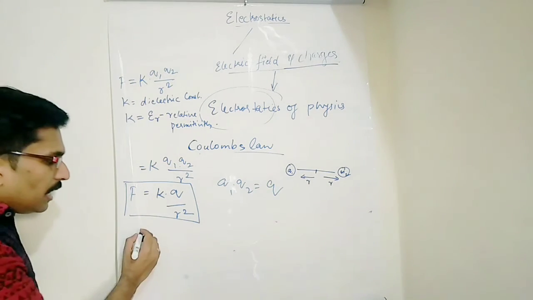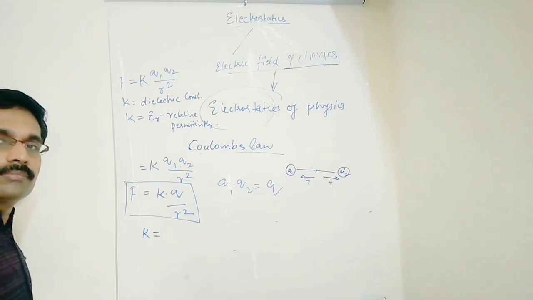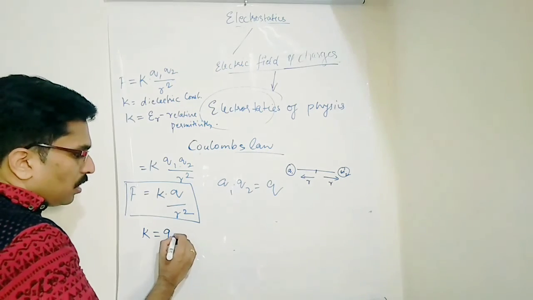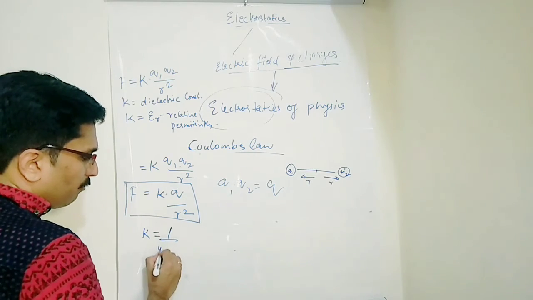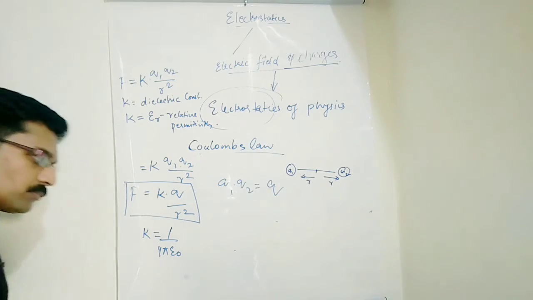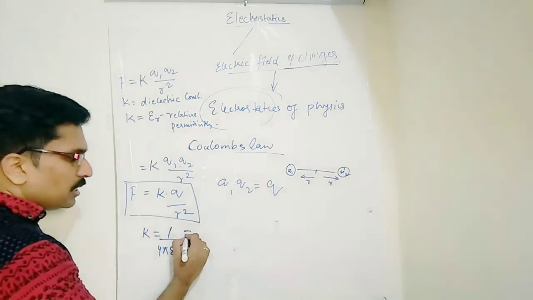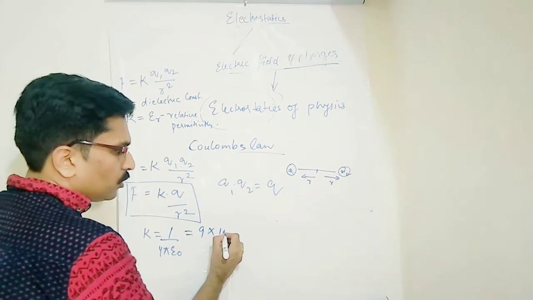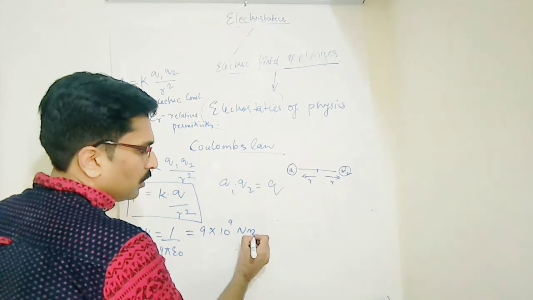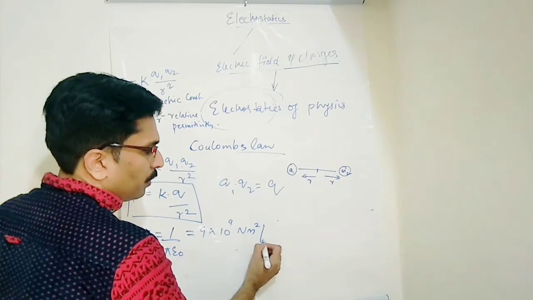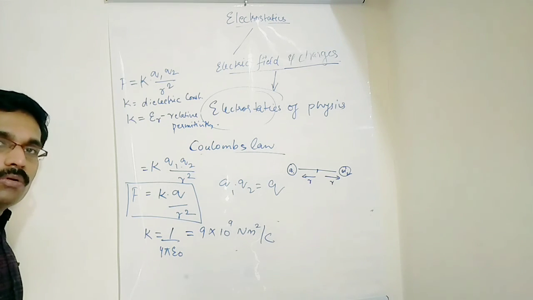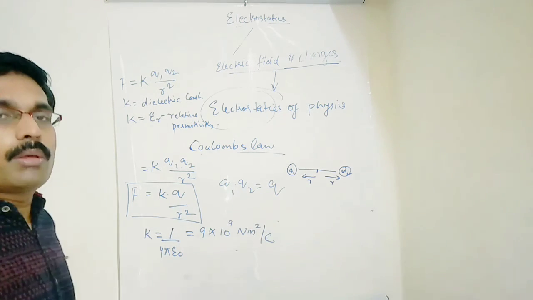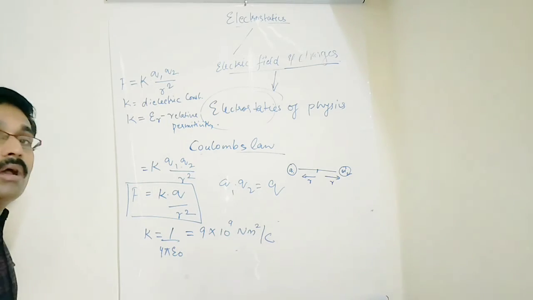Now, this K has a definite value: K is equal to 1 by 4 pi epsilon 0, which is equal to 9 into 10 to the power 9 Newton meter square per coulomb.